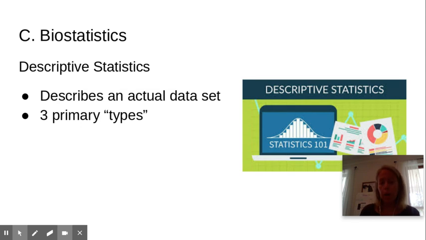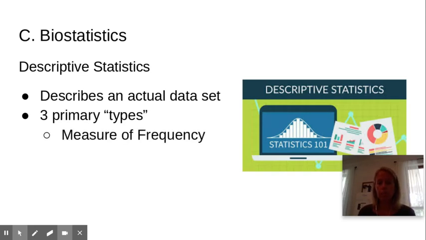There's three primary types of descriptive statistics, and you do not have to write this down because, as you will see, this is how your chart is broken down. The first type in your first big box is descriptive stats on measurements of frequency. So we'll talk about what it means to measure frequency and what kinds of calculations or data you can collect to measure frequency.